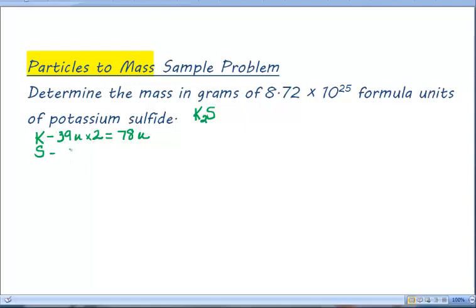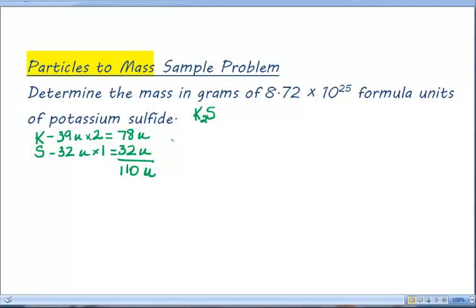Sulfur, element number 16 on the periodic table, has a mass of 32 AMUs times 1, and that's 32 AMUs. So the total mass of this particular compound is 120, does not compute. Correction, 110 AMUs.